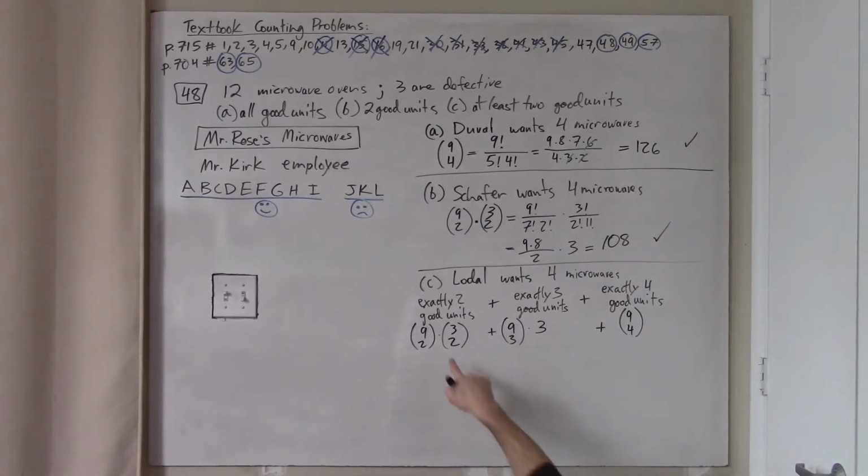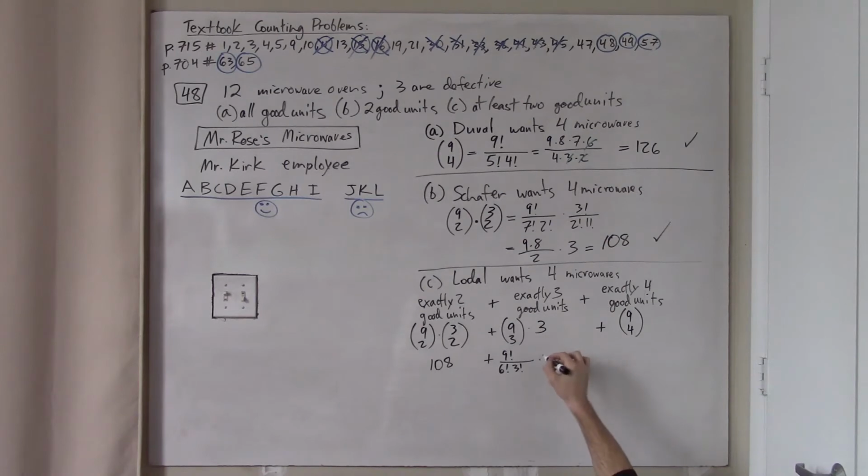And okay, this we did already, so I don't need to redo it. That's 108. This is going to be 9 factorial over 6 factorial 3 factorial times 3. And this we did already. It's 126. So what is this? Well, this is going to be 9 times 8 times 7, but then also times 3 over 3 times 2.